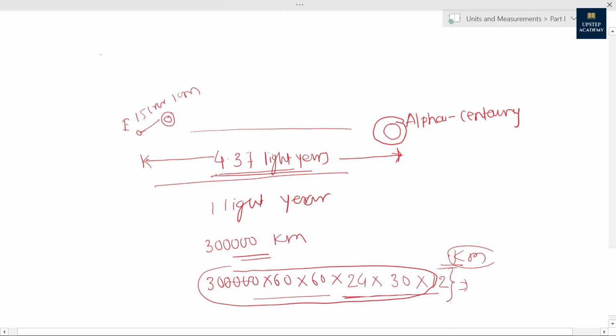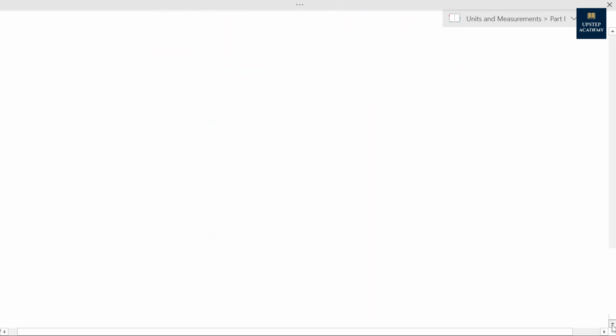So you can just imagine how big the distance is between Earth and the nearby star to us after the Sun. So we can't measure the distance between Earth and a star using our conventional parallax method. For that purpose, we have to do one thing. Suppose this is the Sun and this is the Earth. Suppose this is the Alpha Centauri star.